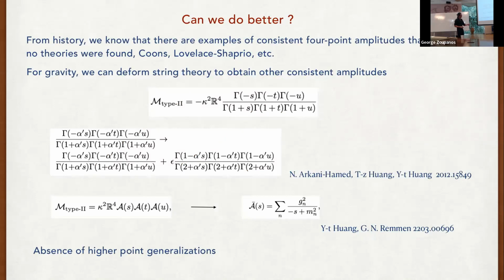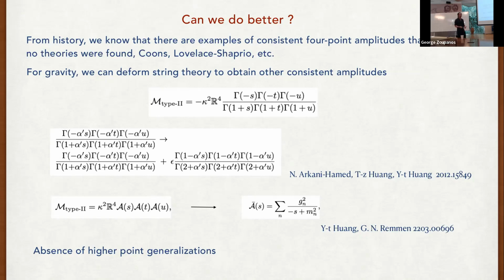So I'm going to present two possibilities. First of all, this should not be surprising because history has been littered with 4-point amplitudes that satisfy all the fundamental principles, but you didn't hear about them because they're not a theory.